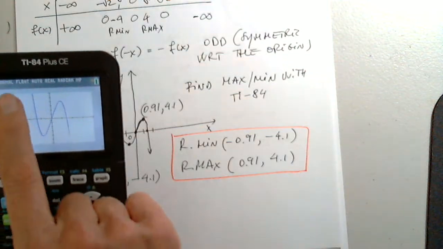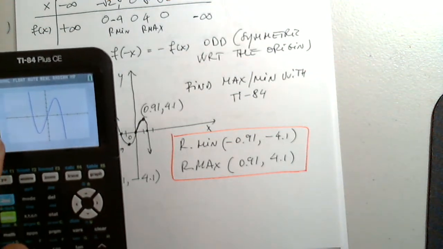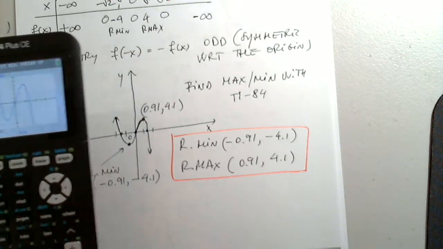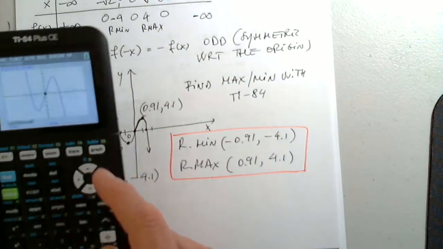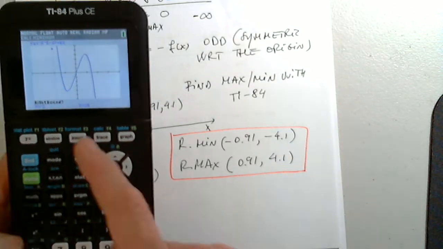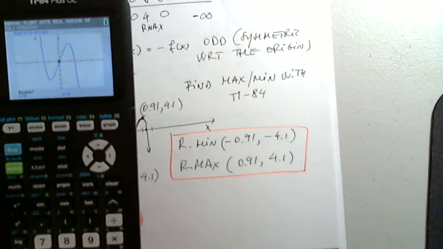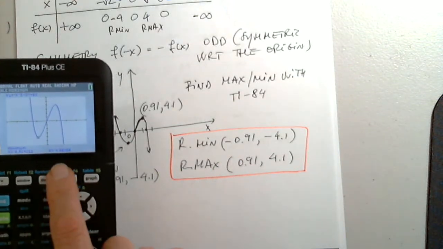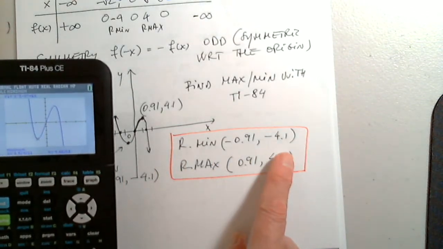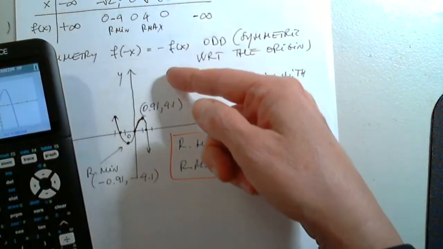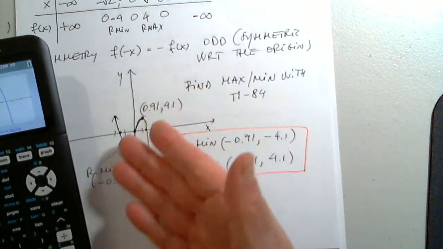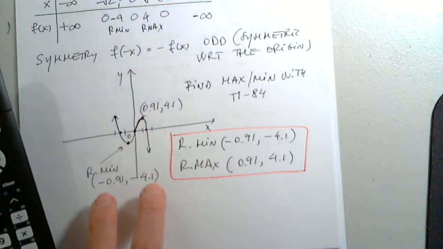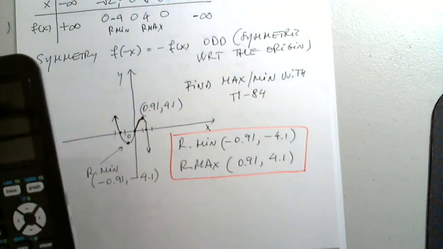Okay, so I see that this is the minimum, and I will repeat second, calc, and the minimum, which is 3. It's between -2 and 0. So -2, the left bound, 0, the right bound, and it will give us the minimum as -0.91, comma -4.1. Of course, because the function is symmetric with respect to the origin, this point translates up here with both positive, both negative here, both positive there.